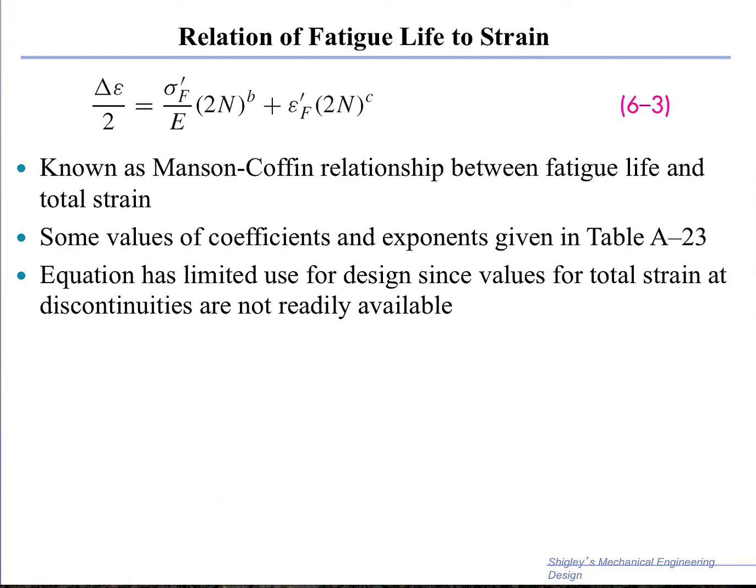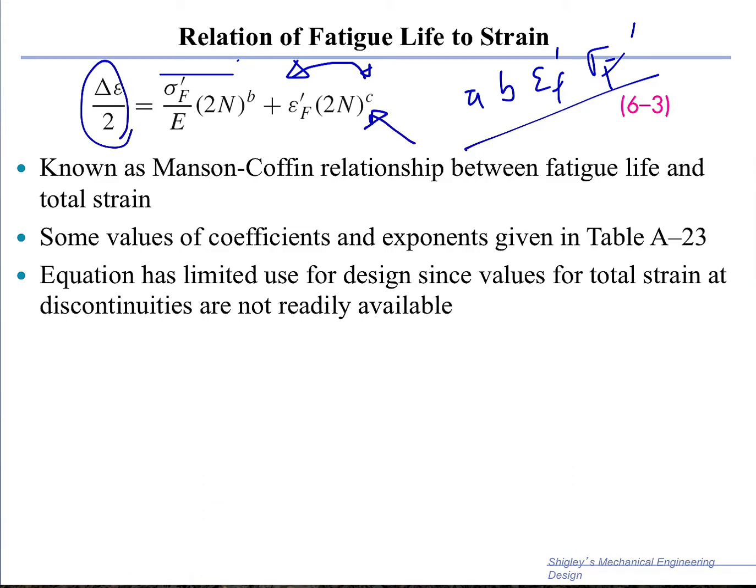So we have to do the analysis to find this part of the strain from, let's say, finite element or from estimation, and this part of the strain also from finite element or estimation. And since we have the parameters B and C and epsilon f prime and sigma f prime determined, we could use this equation to tell us if we've reached the maximum allowable strain limit before fatigue takes place.